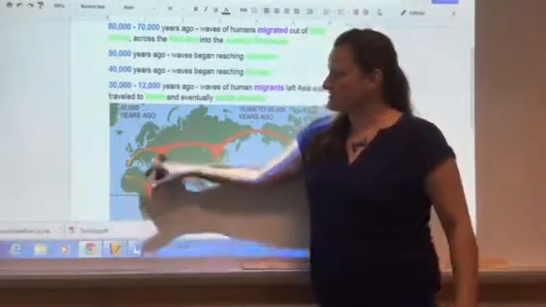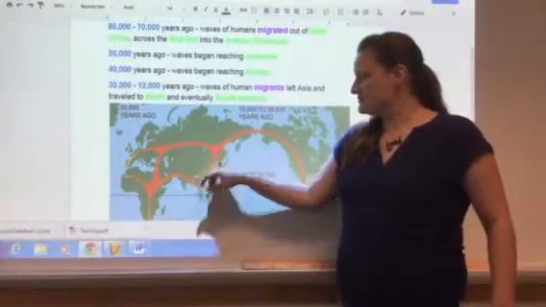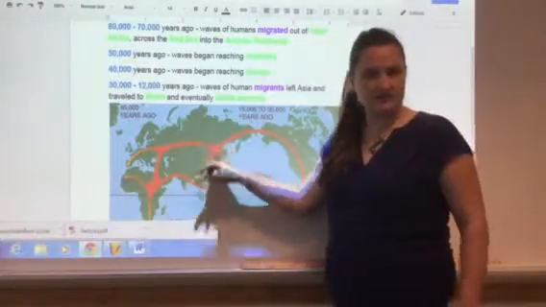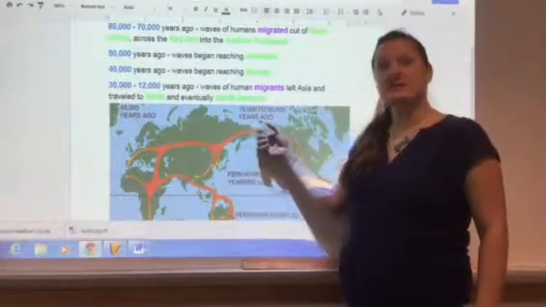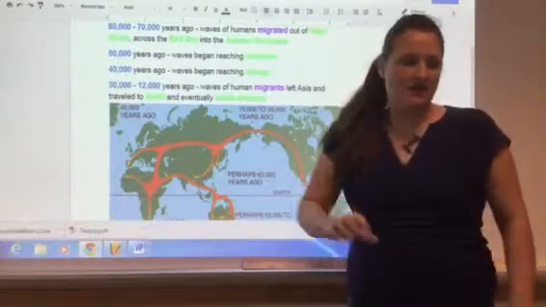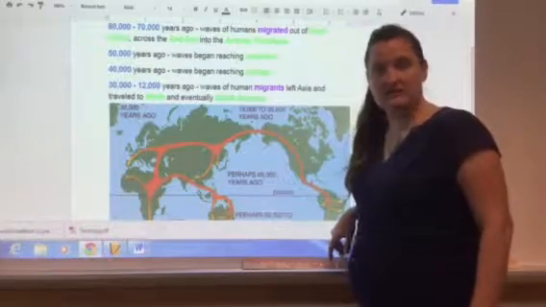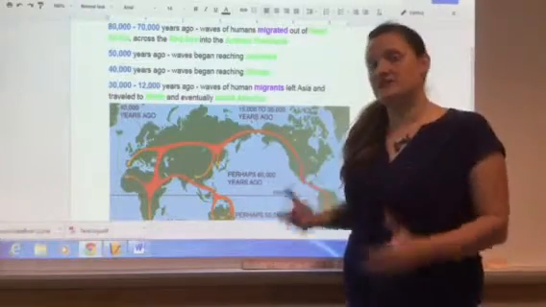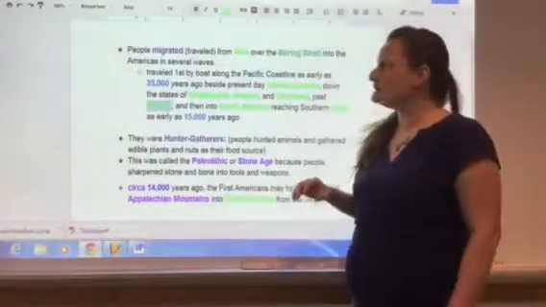Then about 40,000 years ago, we made our way into Europe. We made our way into Asia about 40,000 years ago as well. And then about 35,000 years ago, we started migrating into North and South America. We made it all the way to the southern part of Chile, which you can't quite see here, as early as possibly 15,000 years ago, which is much earlier than we originally thought.